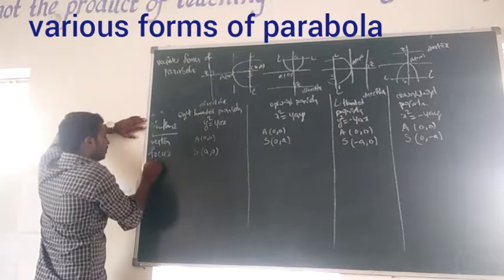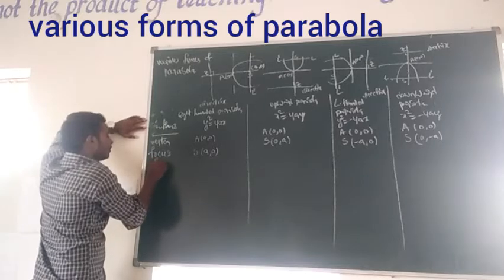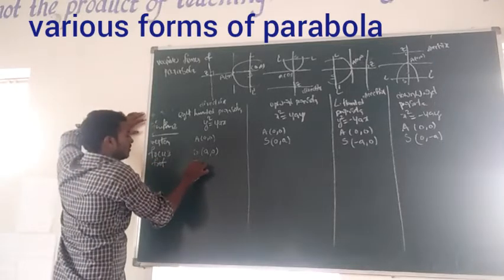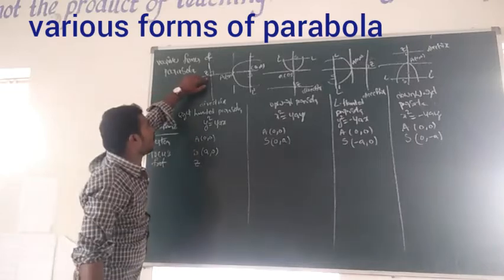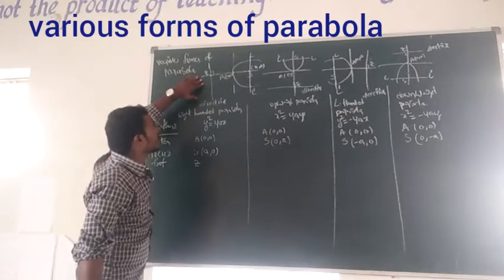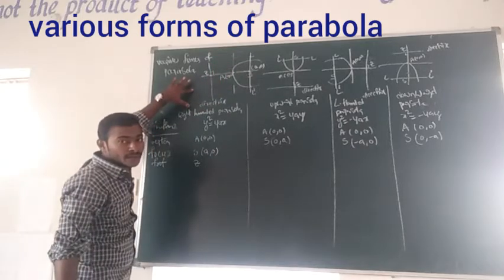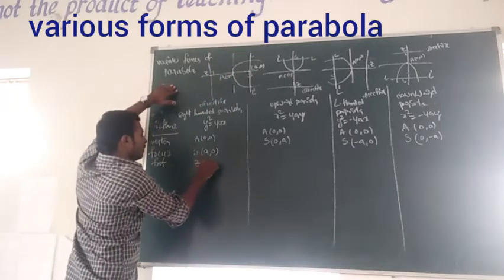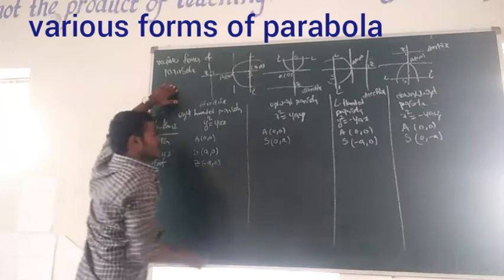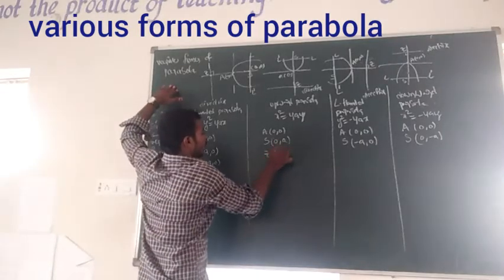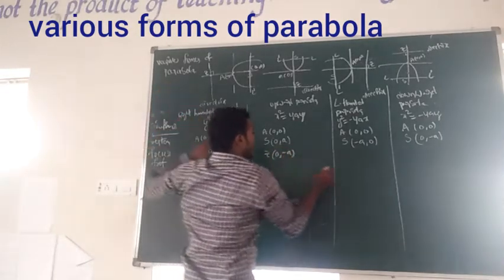After getting the focus, we may take the foot, that is nothing but z. Here z, the projection of AC, is nothing but, here positive we take the value, this side it will be negative. That is clearly minus a, 0. And here also 0, minus a.